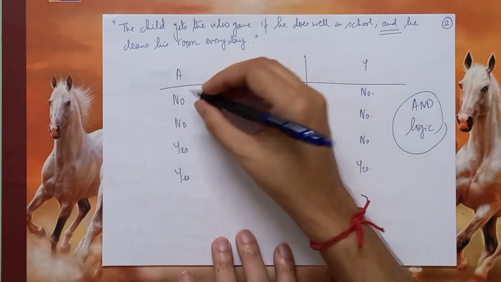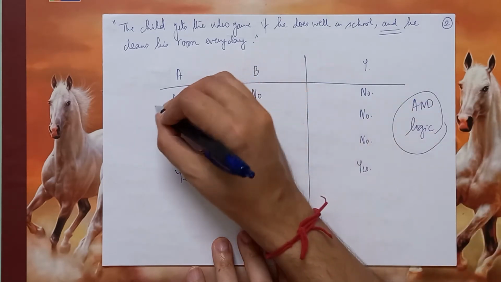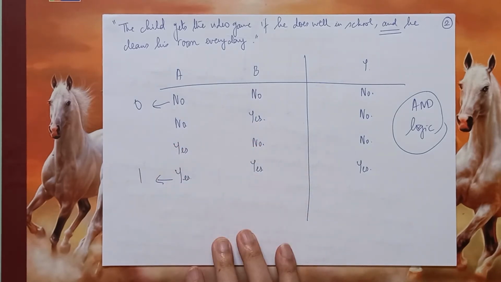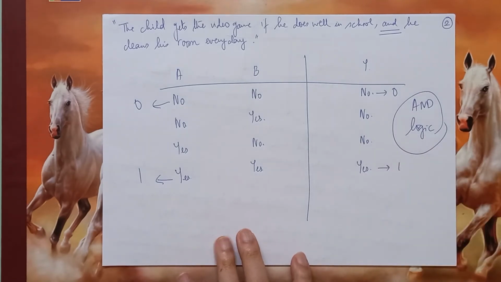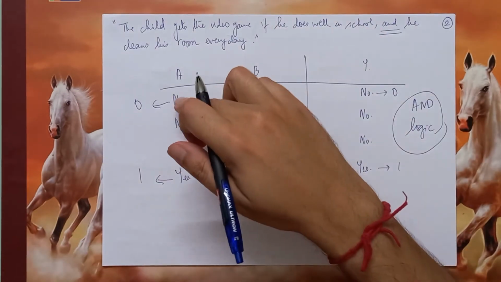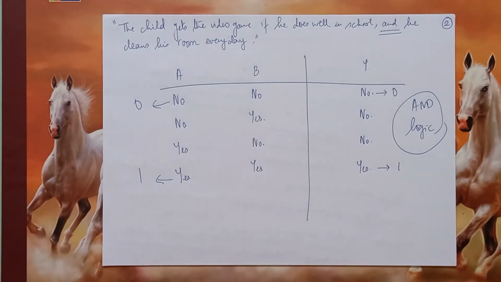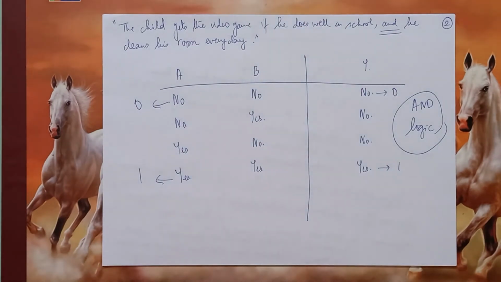So if I now want to introduce digits, I can say a no corresponds to a 0 and a yes corresponds to a 1. Similarly at the output, a no corresponds to a 0 and a yes corresponds to a 1. I can just assign a number to it. If you want, you can also call no a 1 and yes a 0. It's perfectly alright. Nothing stops you.